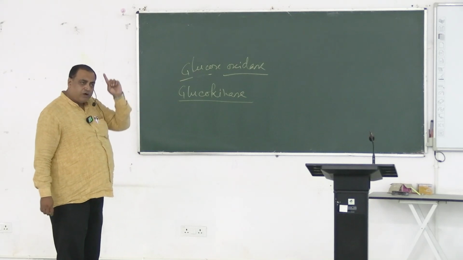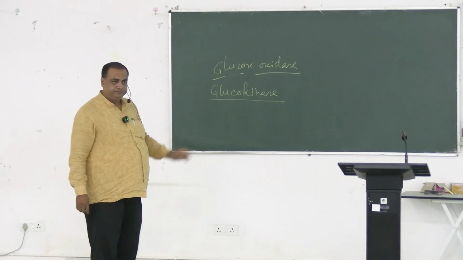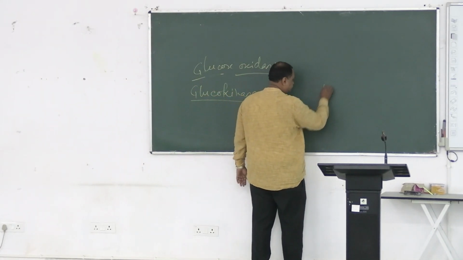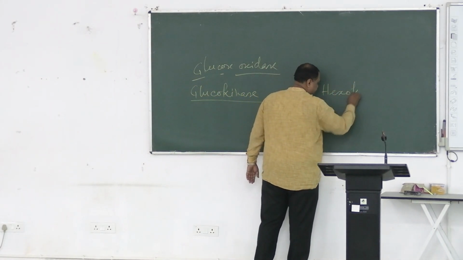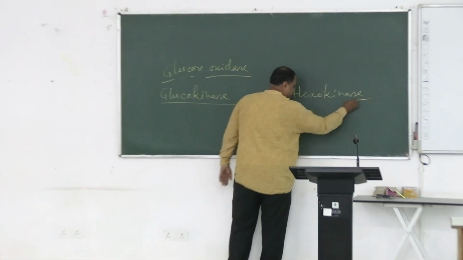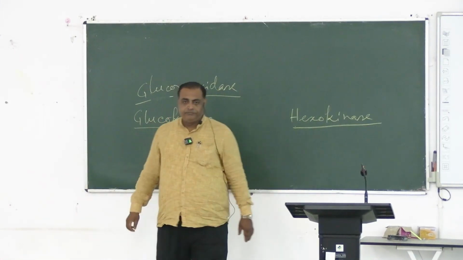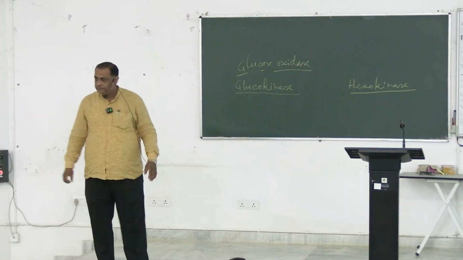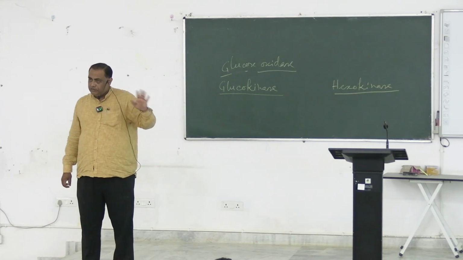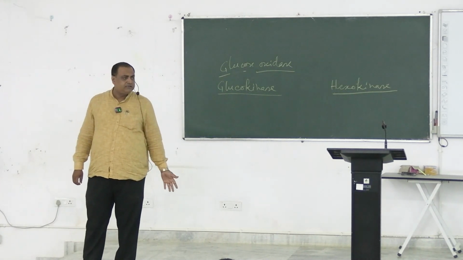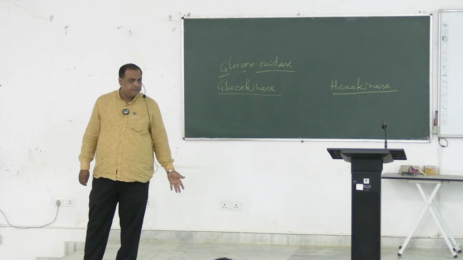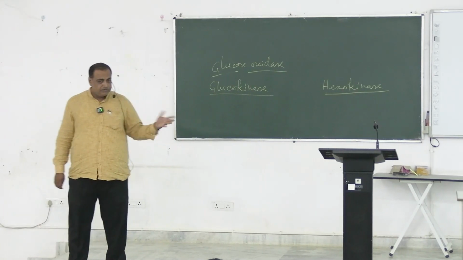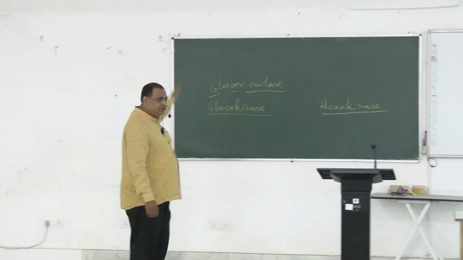That means it's specific for only one molecule and nothing else. Then group specificity. Hexokinase. What is the group it is specific to? Hexose sugars. So it will act on glucose as well as galactose as well as fructose. It is not aldose specific. Fructose is also hexose. So it has a wide specificity.